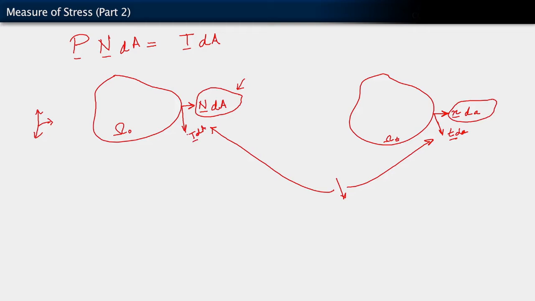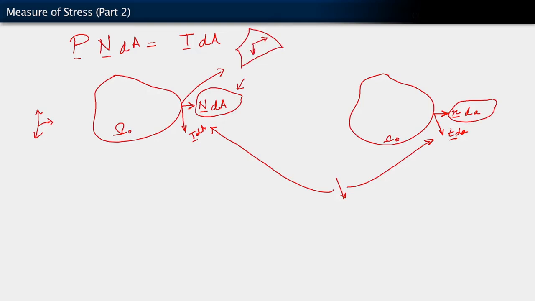Unlike N dA, we can't talk about N dA unless we first talk about the tangent vectors on that surface and take their cross product to form N dA. If we say that this is my surface area, I need to first say that I've scribed these two tangent vectors on that surface.